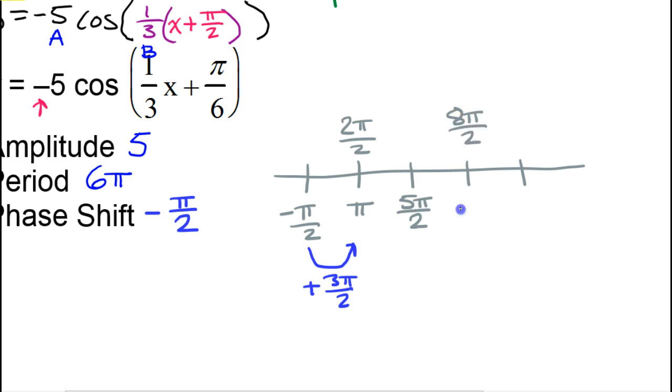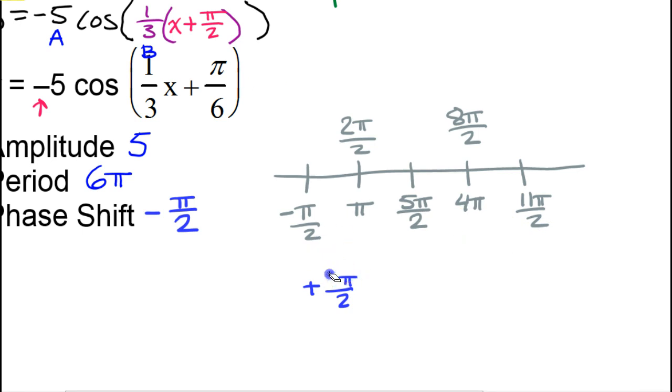I put it up there to leave myself space to reduce. So this will reduce down to 4 pi. But let's think of it as 8 pi over 2 for one more second. If I take 8 pi over 2 and I add another 3 pi over 2, that's going to be 11 pi over 2.